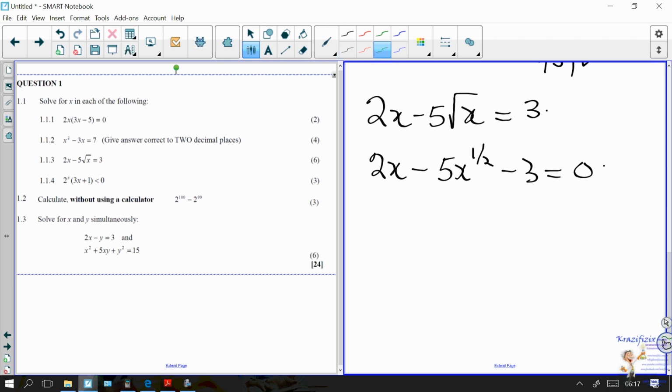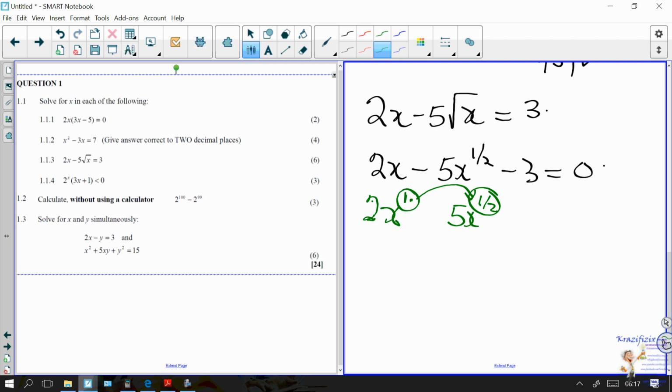I'm going to use a green ink to explain. Look at my coefficient of x here. It's 2x, exponent 1. Here it is 5x. I'm actually not going to need my coefficients. What I need is this. If you find the square root of this number and get this, then it becomes a quadratic equation.